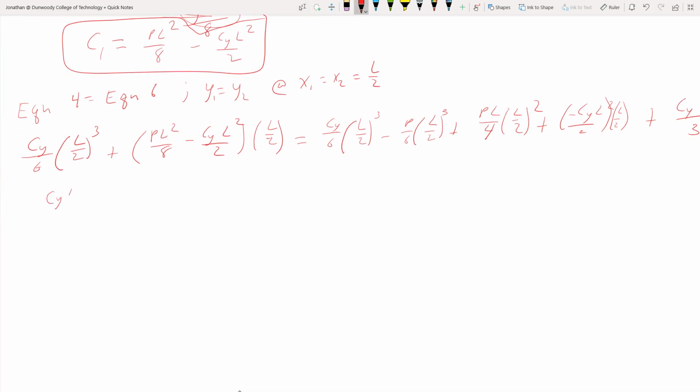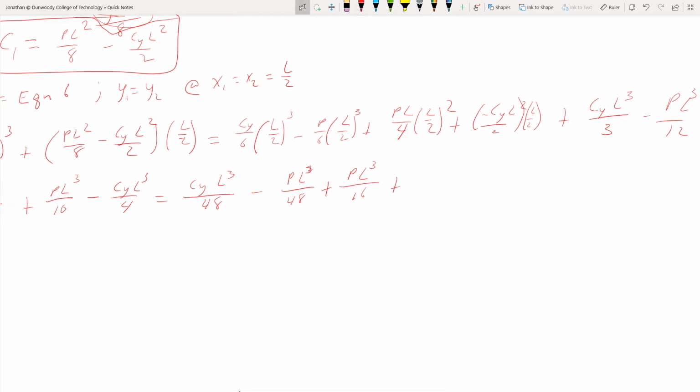What do we get? We get CYL cubed over, that becomes 8, 48, plus PL cubed over 16, that term, minus CYL cubed over 4 equals CYL cubed becomes an 8 down there, so it becomes a 48 minus PL cubed. That becomes an 8 again, 48 plus PL cubed over, that becomes a 16 plus, what do we get here?